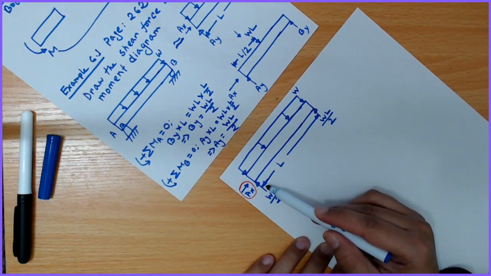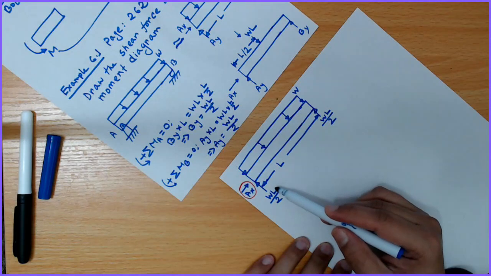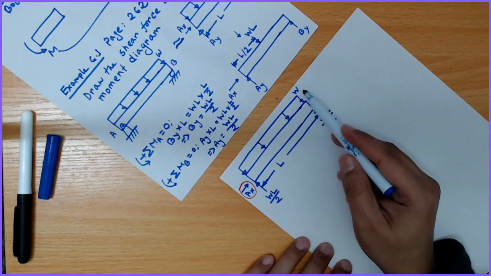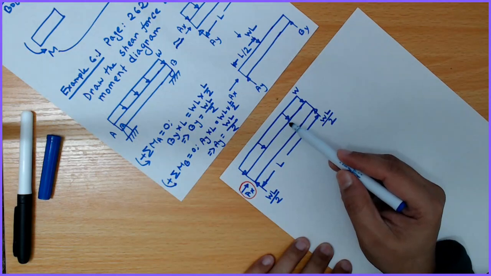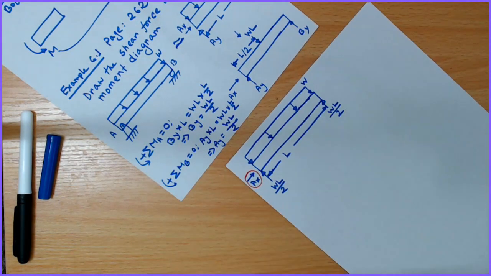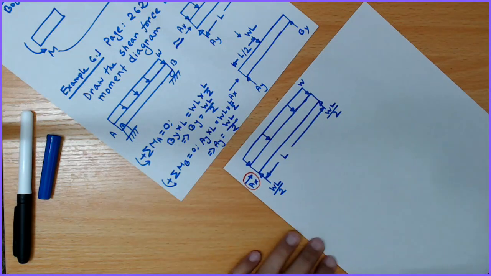Because your point load, to convert your distributed load to a point load, is equal to W multiplied by L, and these reaction forces support this point load, and each is actually half of the point load.